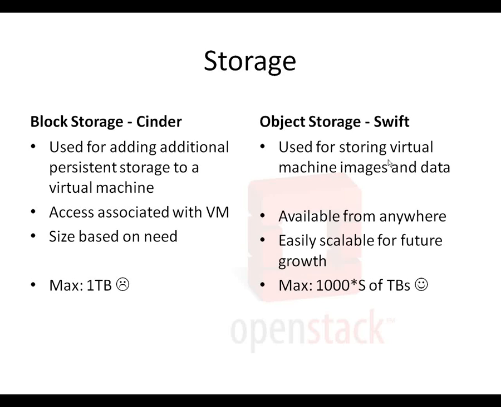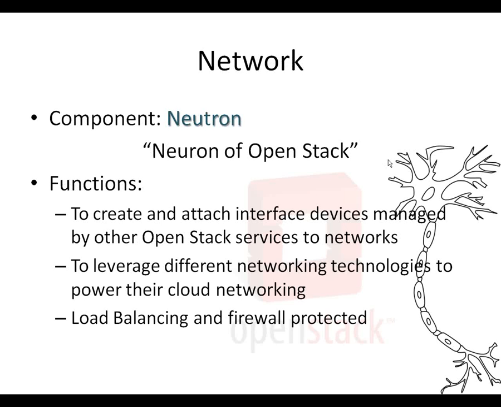So we are done with storage, and this is actually an important component which I mentioned as the neuron of OpenStack. Without the nervous system, how can a body be? The same for OpenStack.